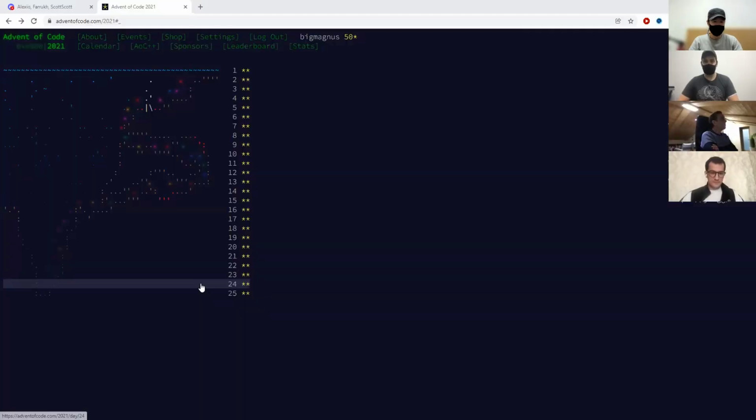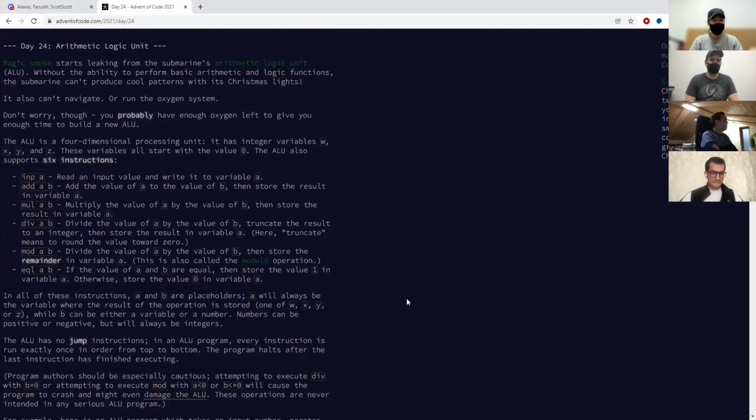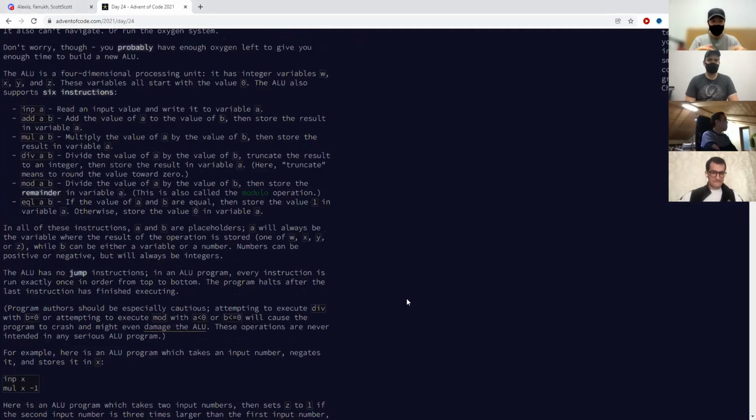All right, so this is the ALU. There's a whole bunch of instructions that come in, and you have to basically follow the instructions on the way that it goes from register to register. You have two memory registers, A and B. Depending on the instructions, you have to do something.